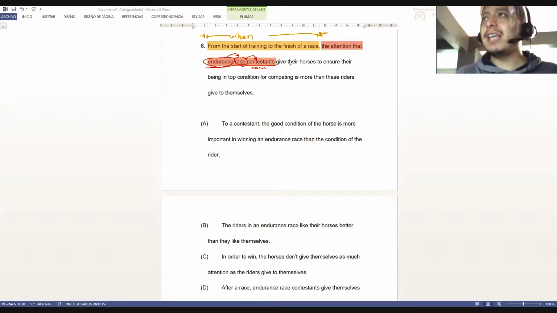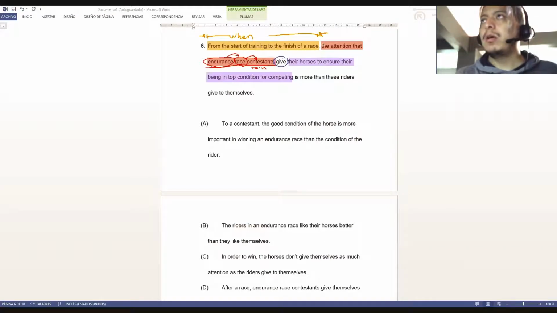The attention that they give, we have the verb. The verb is give. And who is the receiver? Who is receiving the giving? Their horses, to ensure they're being in top condition for competing.